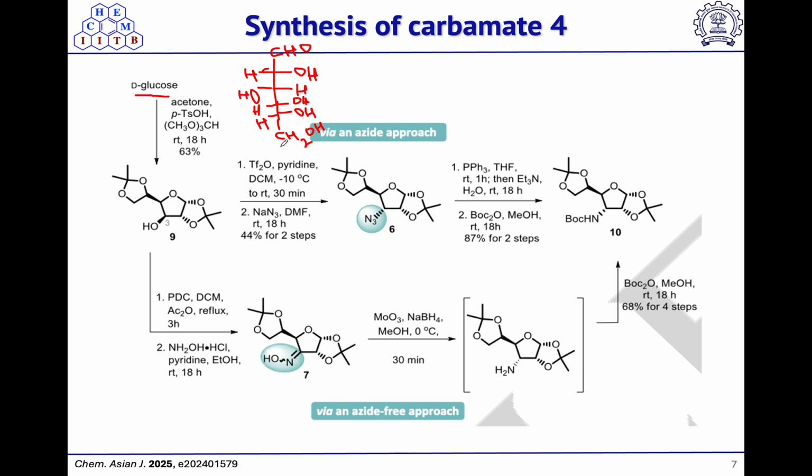Now this is the acyclic form. Now it can exist in cyclic form, right? In solution it will be in equilibrium with 6-member ring as well as 5-member ring. Now the 5-member ring, how will it exist? Basically first we have to draw the furan ring. If we convert this D-glucose to a 5-member furan ring, it will look like this, I'm just drawing.